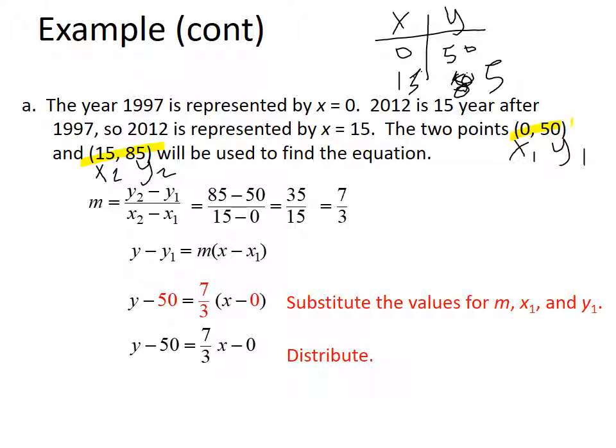So I'm going to distribute my 7/3. And notice how 0 stayed 0 because 7/3 times 0 is 0. And then I'm going to get y by itself because we were looking for the linear equation. So in order to get y by myself, I added 50 to both sides, and I ended up with my linear equation. So that would be part A, to get your linear equation.